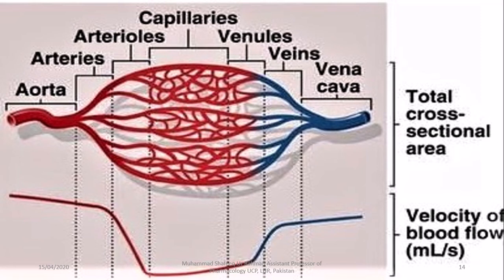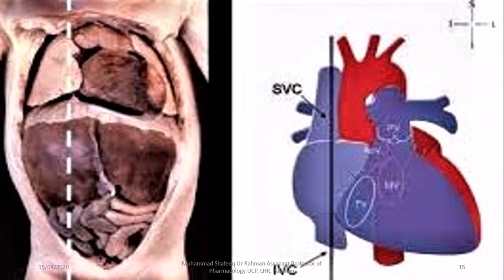These venules connect to a large vein which carries the blood back from the body to the heart. The other largest vein is known as the vena cava, which is further divided into the superior and inferior vena cava.